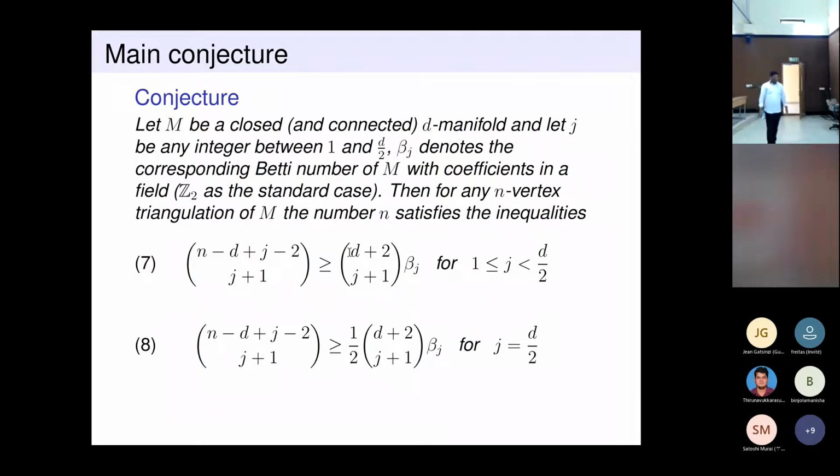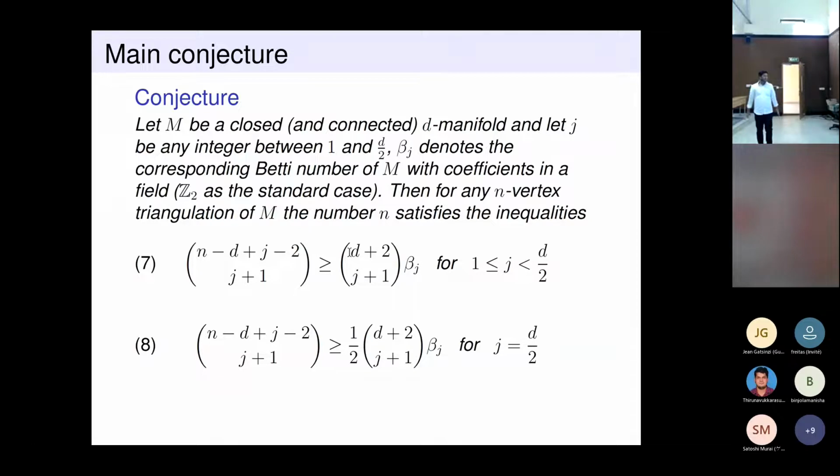So here is the main conjecture. Actually, recently in 2018, there is one paper by Karim Adiprasito, who actually gives one proof of this. He claimed that this conjecture is solved, but this work has not been published yet.